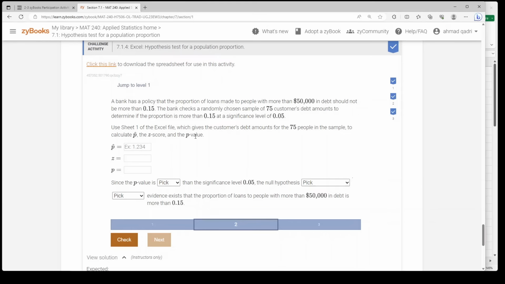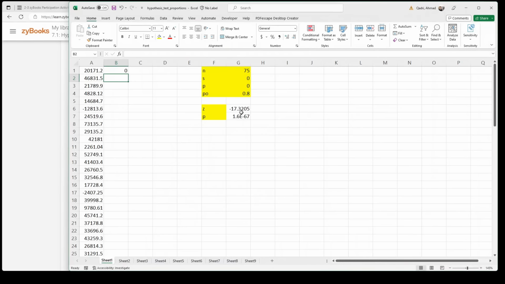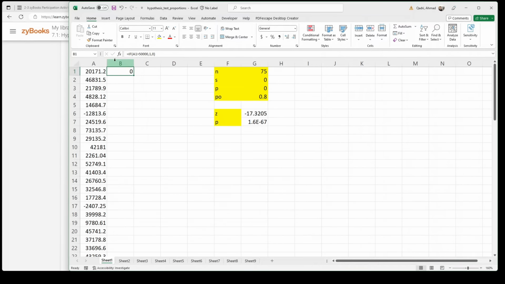We're going to use sheet 1 of the Excel file. Let's go to the Excel file, and again, the rule that we're checking is if debt is more than 50,000. Here I've added the same formula that I just used, and this time we're testing if this value is greater than 50,000, and if it is, then it's a 1, otherwise it's a 0.